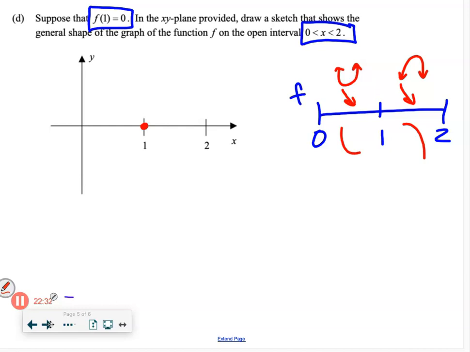We don't know what the y values are, but we know there's not an asymptote at 0 and 2 because the derivative was defined, and if there were asymptotes, the derivative would be undefined. So all we're going to do is just pick a random spot on the y-axis to start, and we're going to draw a function that is decreasing concave up, and then decreasing concave down, and then we just stop.